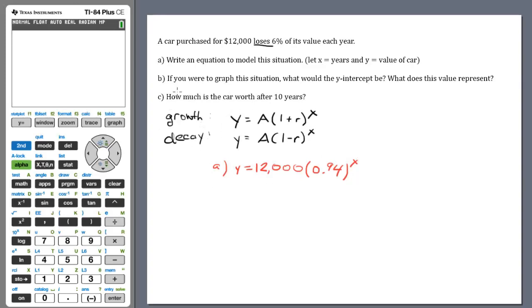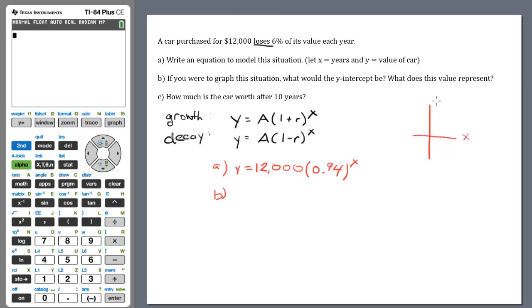Now for part B, if you were to graph this situation, what would the y-intercept be and what does the value represent? So I'm actually not going to graph this one, but I might draw a little graph over here just so we can think about what it would look like. So, okay, there's your y-axis, and there's your x-axis.